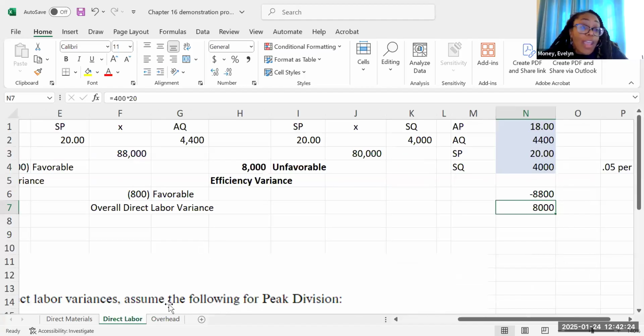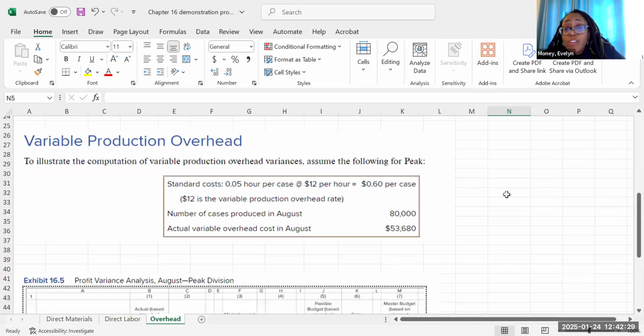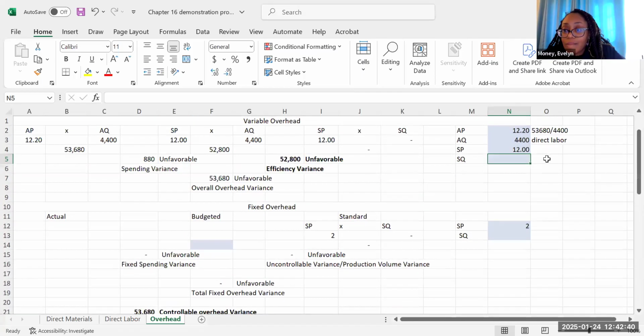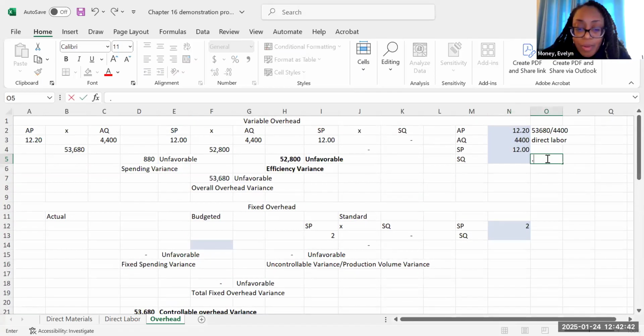How do I know? Overhead is applied on the basis of direct labor hours. So it's still the 4,000, or the 0.05 hours per case multiplied by the 80,000.